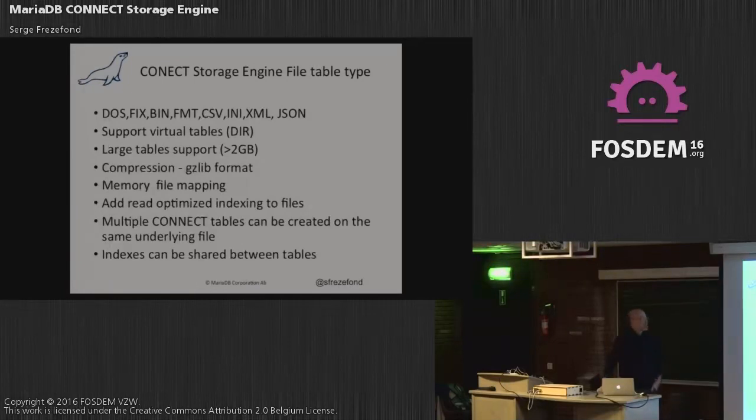That gives flexibility. It supports some other concepts. For example, you can have a table that is a list of the physical directory. That can help too. It can be built on compressed files. For example, you have a file that is sitting outside and that has been compressed. You can build a table on this file.